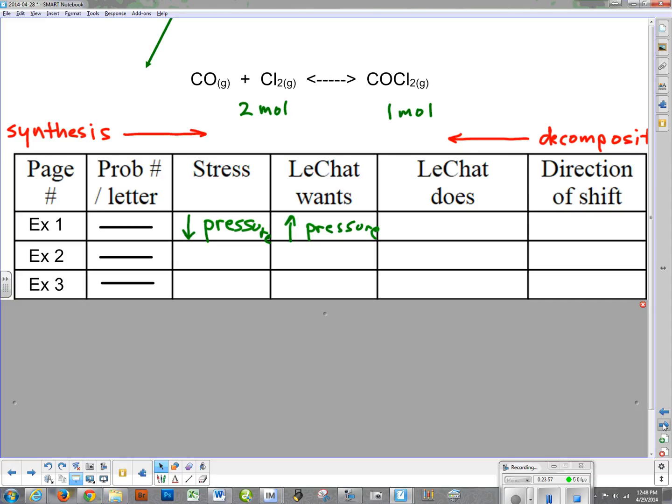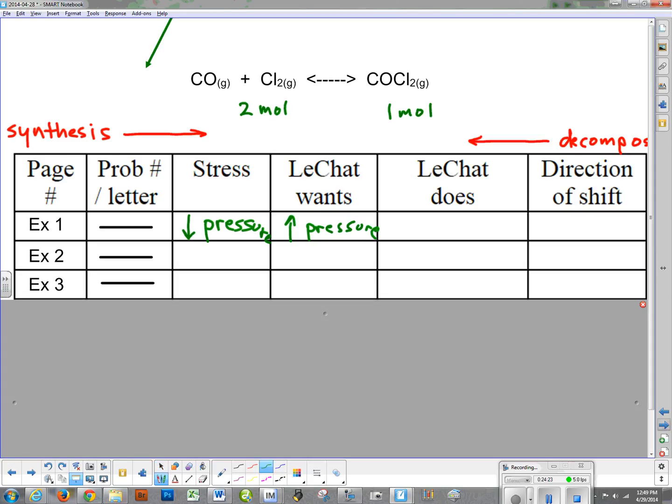So, in this particular case, what is he going to do? Is he going to decompose and make more CO and Cl2, or is he going to synthesize and make more COCl2? Well, if he goes this way, he's going to get more moles, and that will give him more pressure.